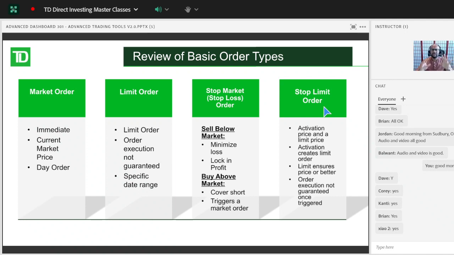So in this type of order, you'll see in just a moment when we look at an example, you are setting two prices: one is the stop price, which is that trigger price, and then there's going to be a limit price. In a stop loss order, you're just setting one price, which is just the trigger price, and then it becomes a market order. So this is what you're going to look at.